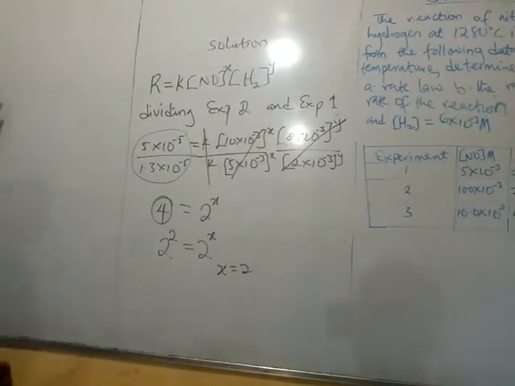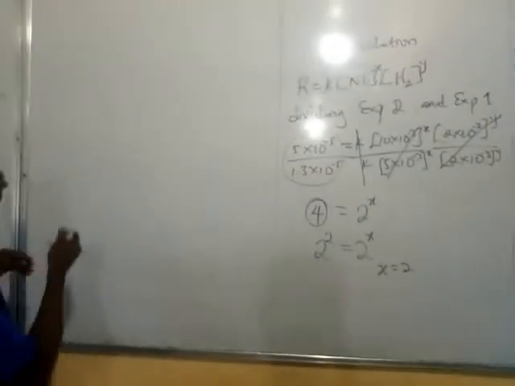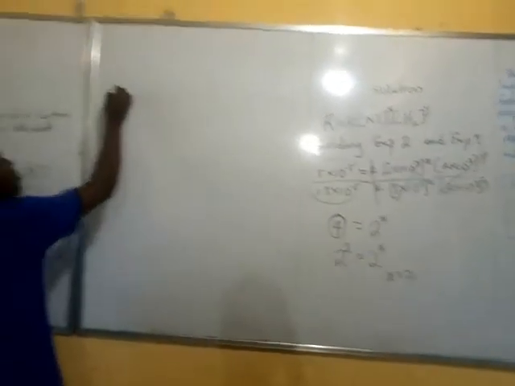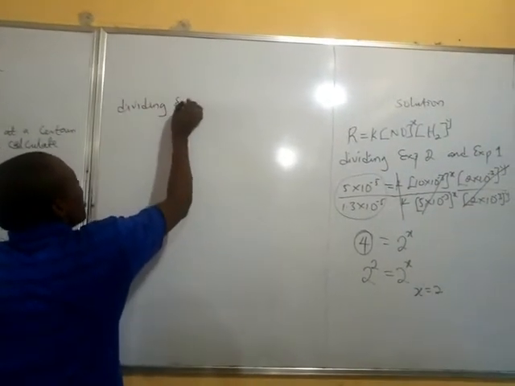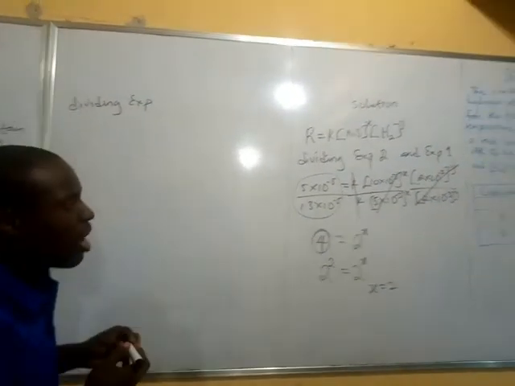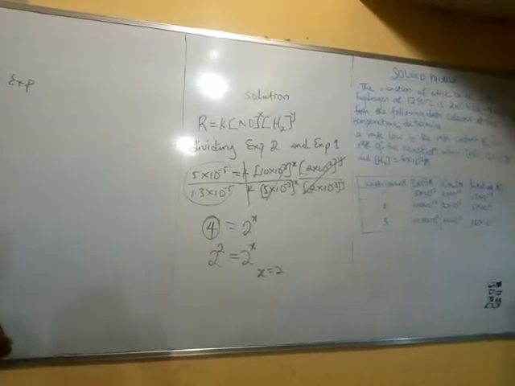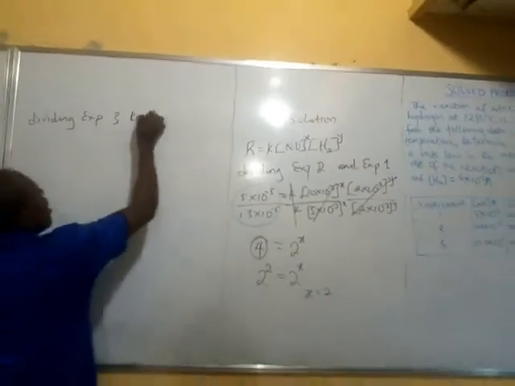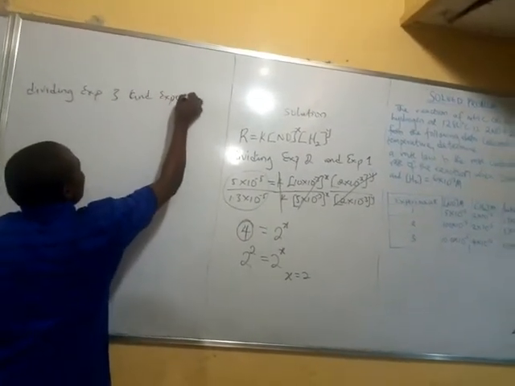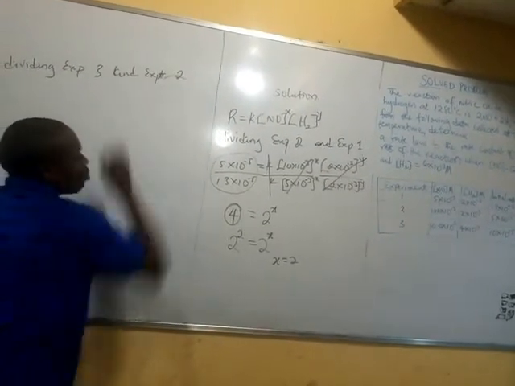Okay, now we'll quickly move on. We have worked out the power x of NO, then we'll move to the power y. We'll check again. Here we will divide experiment 3 by experiment 2.